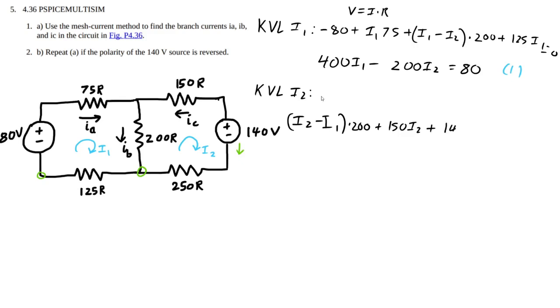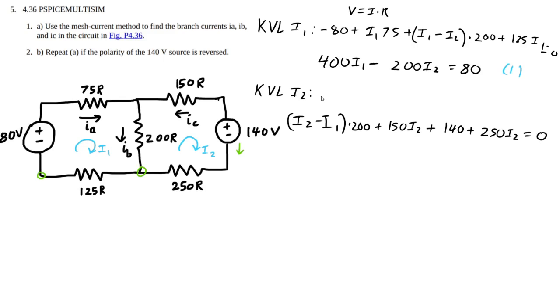So 140 volts dropped, and then 250 I2 as the last one, and our loop is complete.